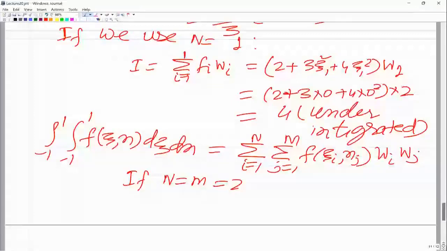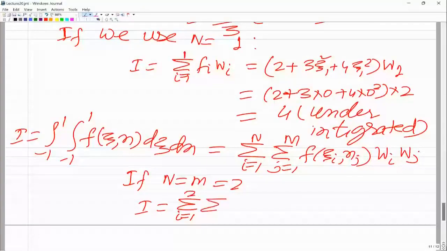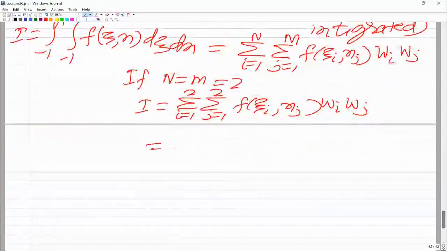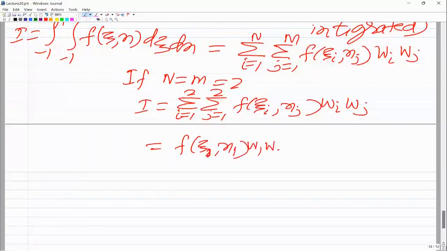I equal to summation i going from 1 to 2, j going from 1 to 2, f(xi_i, eta_j) w_i w_j. So when you expand this summation, it will be f evaluated at first say i equal to 1, and then j varies from 1 to 2. So that is f(xi_1, eta_1) into w1 into w1, because i and j both are 1.